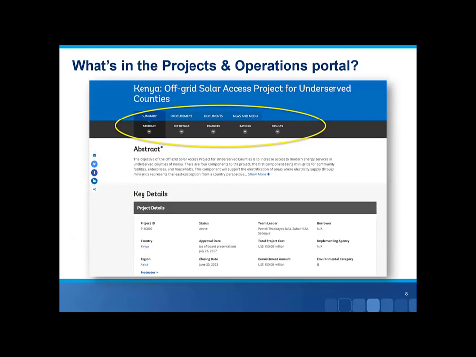For each project, you can see the tabs at the top show different things like a summary of the project, the different procurement contracts and details about that, documents, news and media about the project, and then all the other details associated with that project. It really is a great place that if you wanted to know what's happening in a specific country or a specific project, you can come in here and find information about the life cycle of that project.